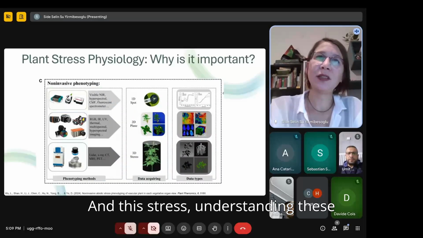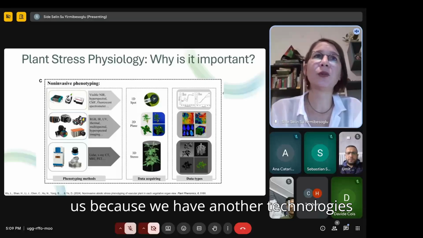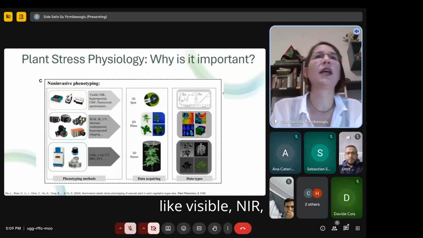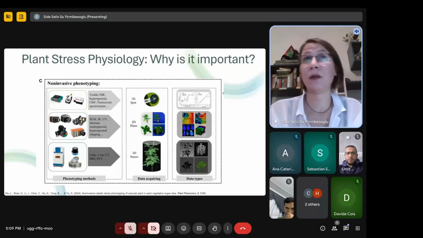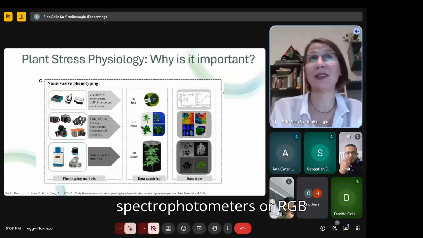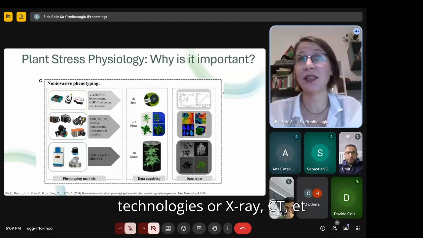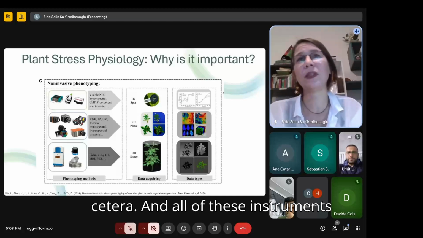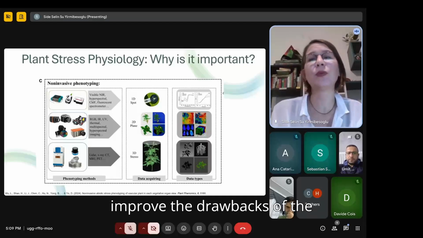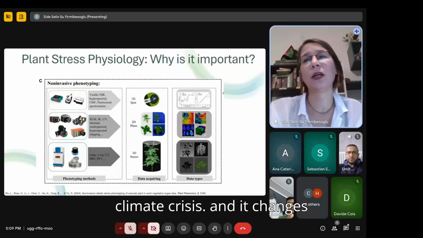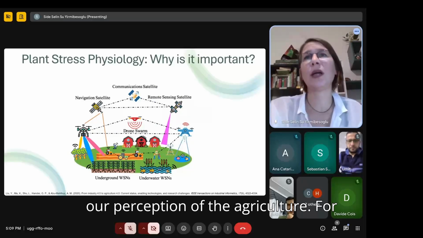Understanding these stress responses is very important for us because we have other technologies like visible NIR hyperspectral imaging technologies, fluorescent spectrophotometers, RGB technologies, or X-ray, CT, etc. All of these instruments allow us to understand how we can reduce the drawbacks of the climate crisis, and they change our perception of agriculture.